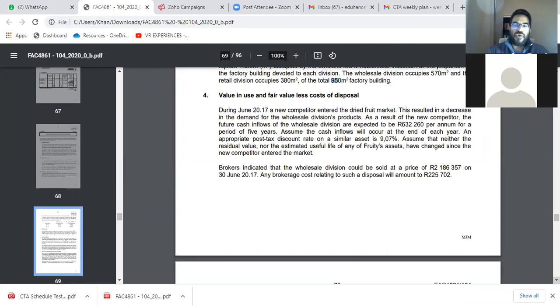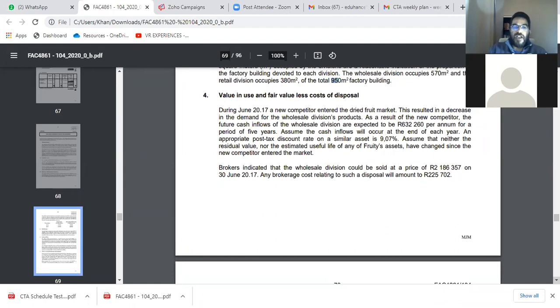As a result of the new competitor, the future cash inflows of the wholesale division are expected to be 632 per annum for a period of 5 years. Assume the cash inflows will occur at the end of each year, and an appropriate post-tax discount rate on a similar asset is 9.05%. Okay, so remember, the rules of a value in use are as follows.